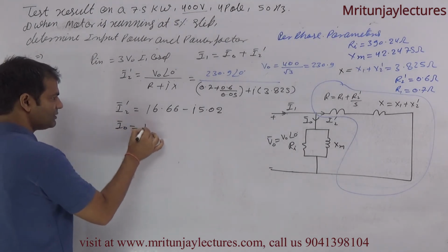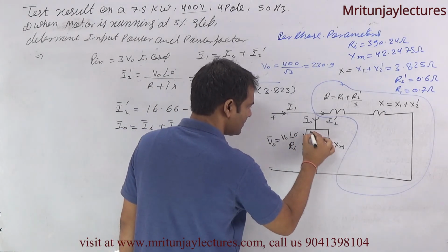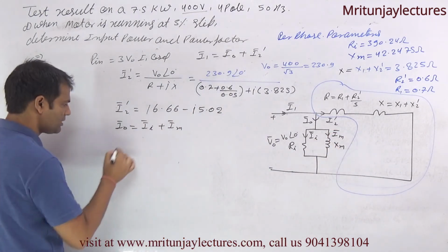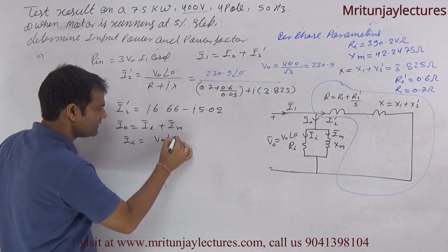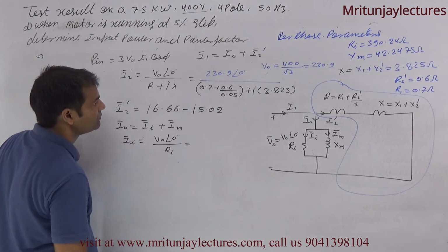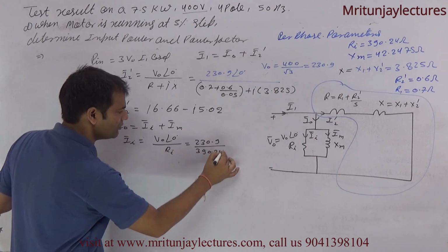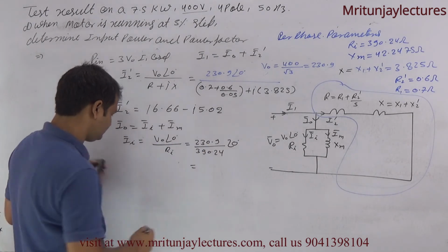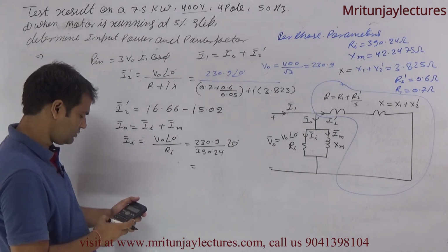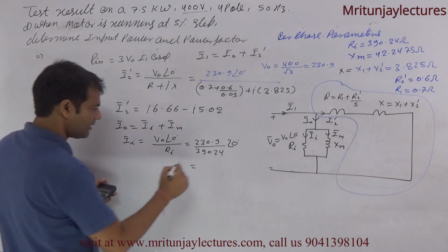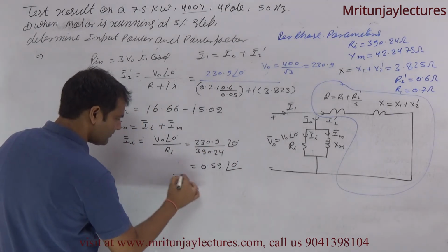Now next one, I naught. I know that I naught is equal to Ie plus Im. That is Ie and that is Im. What about Ie? Ie is equal to V naught at the angle 0 divided by Ri. So 230.9 divided by 390.24 at the angle 0, that is 0.59 at the angle 0 degree. And what about Im?